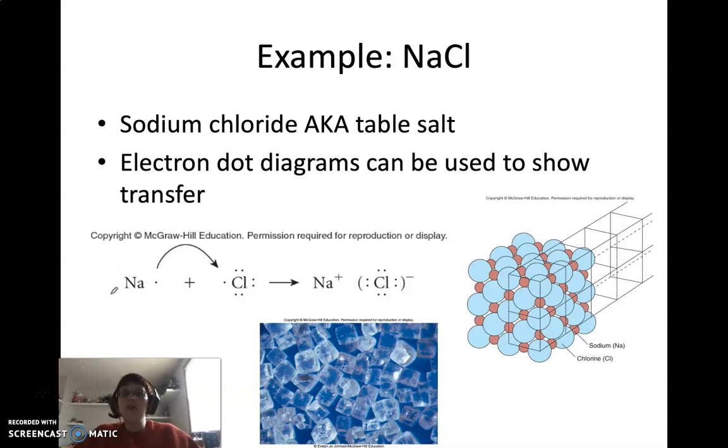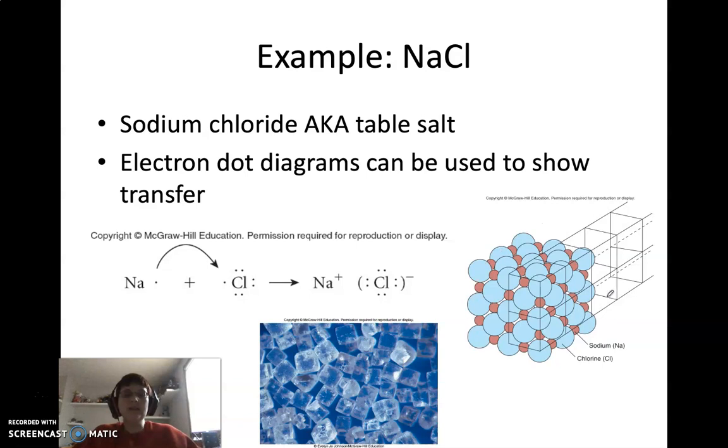We can draw our little electron dot diagrams, sodium with its single electron, chlorine with its one missing electron, and then we can show that transfer, sodium becoming positive, chlorine becoming negative, and you can see they're not bonded together. There's a little bit of a space, but this is the new compound.